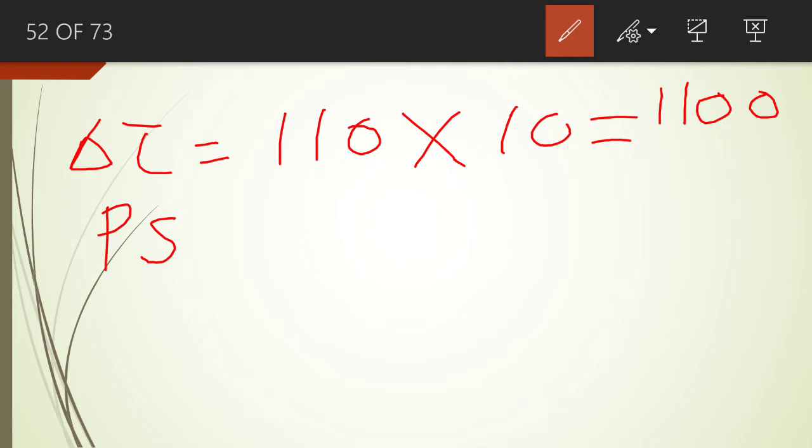The unit of the pulse spread in this case is picoseconds. If you want to calculate it in nanosecond, then the pulse spread will be equal to 1.1 nanosecond. So this is how we calculate the total pulse spread in the first part of this question.